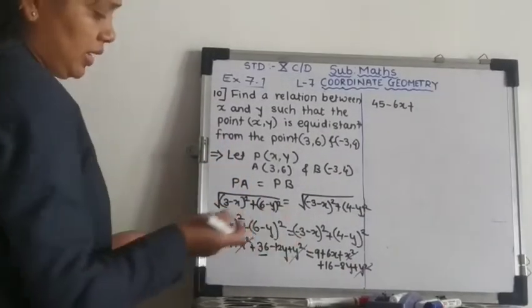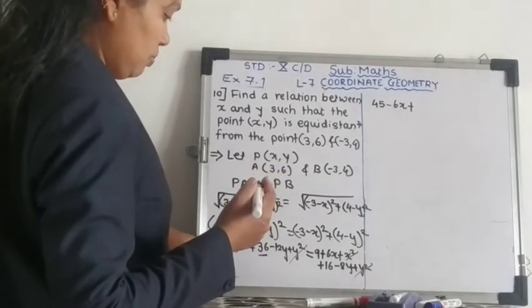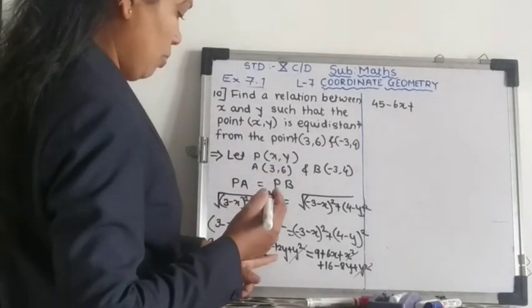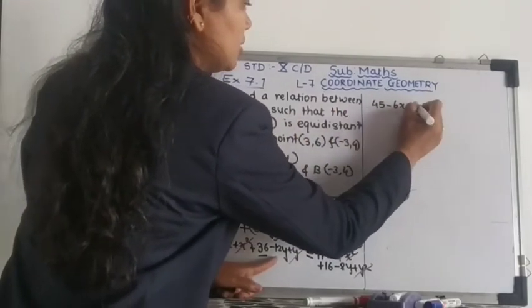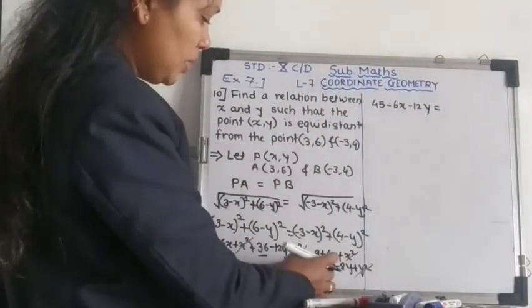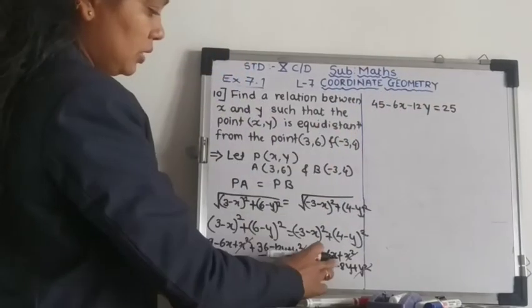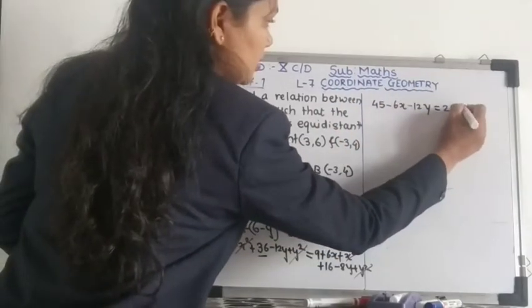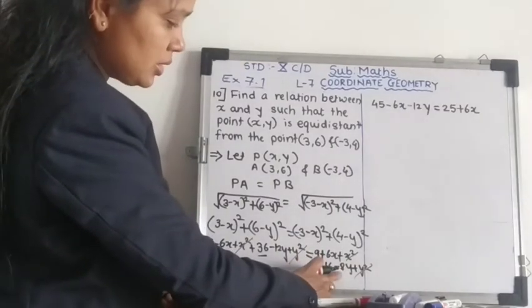So minus 6x is done. Now minus 12y we will write here. Minus 12y equals to 9 plus 16, we will have 25, then plus 6x minus 8y.